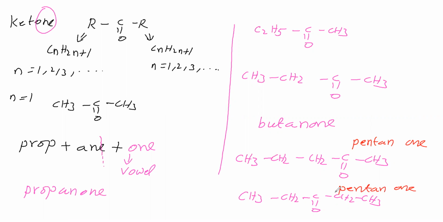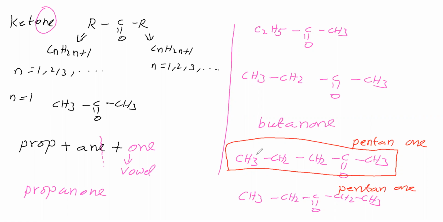Now in these two, the difference is that the position of the ketone is different. Therefore we have to give the numbering. How to give numbering? First you select the parent chain. In the parent chain you start giving numbering either from the left extreme or from the right extreme, such that the ketone position should be least.